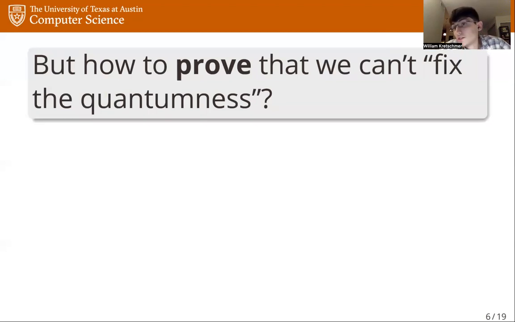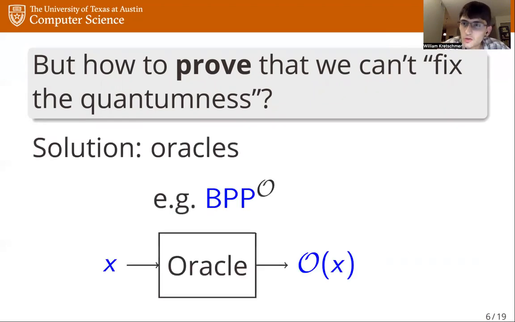And so what we complexity theorists sometimes do in these cases where we have these difficult questions that we don't know how to answer is we ask an easier question. And often the easier questions we ask are these questions involving oracles.